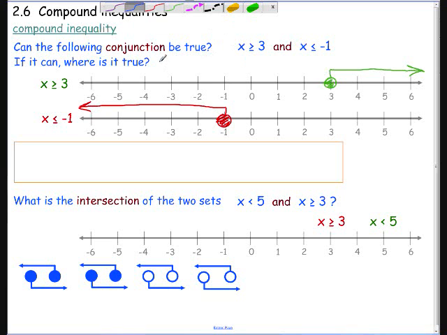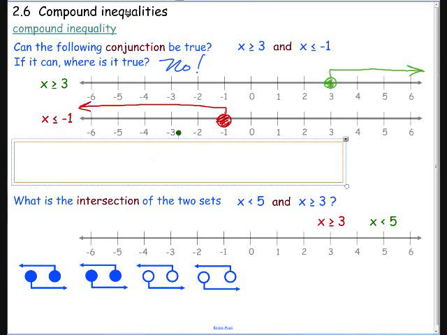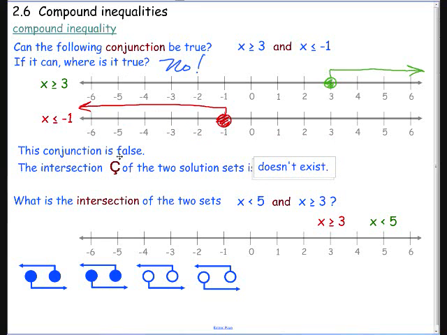Can it be true? No. This is a false conjunction. The intersection of these two solution sets does not exist.